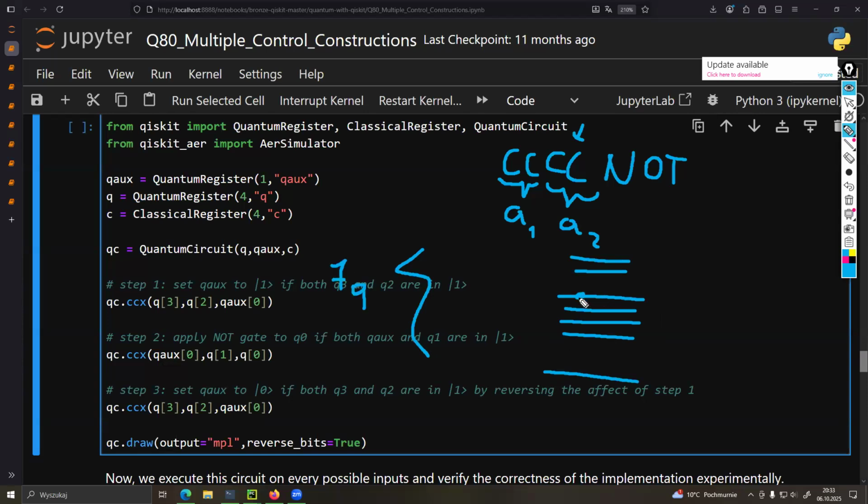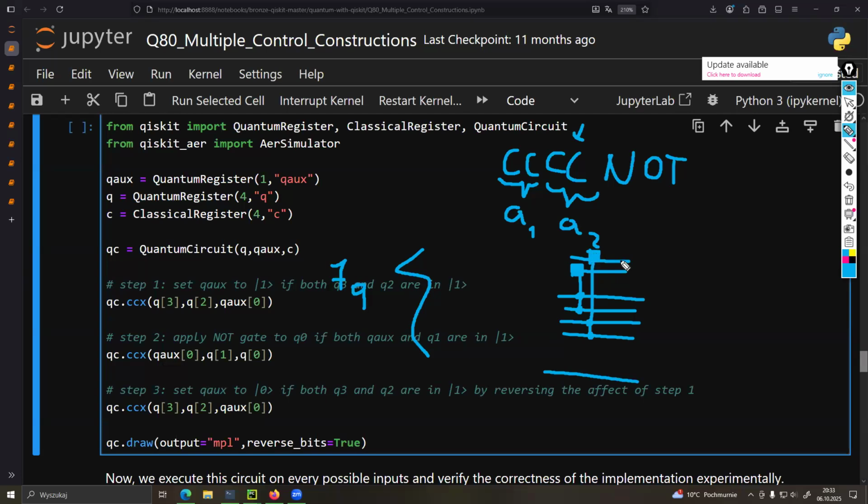Because I store these two on this qubit, right? I will make a kind of masked square. These 2 qubits that are down here, I need to store them onto this qubit, right? On this ancilla.